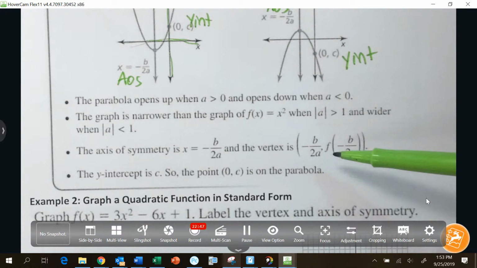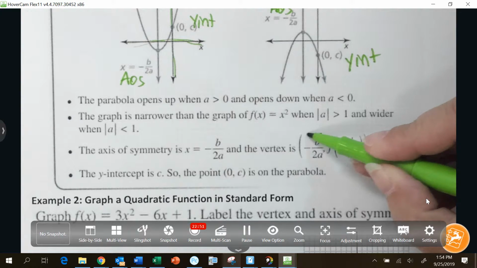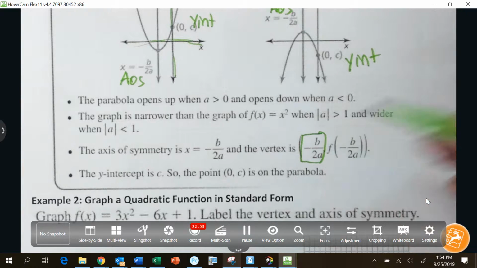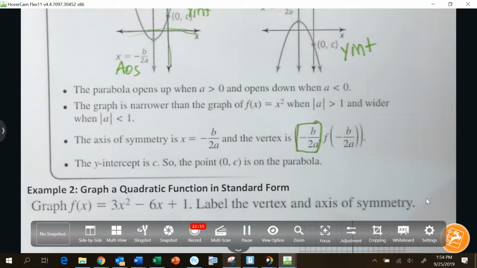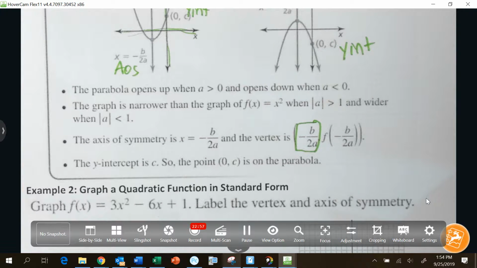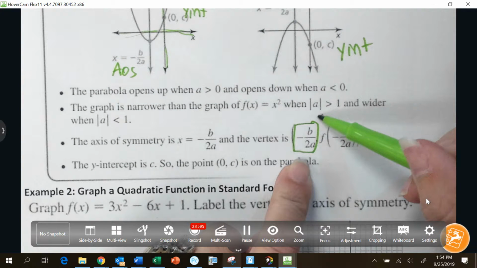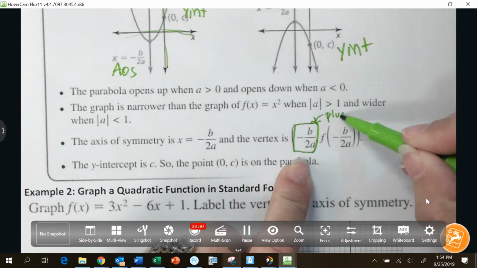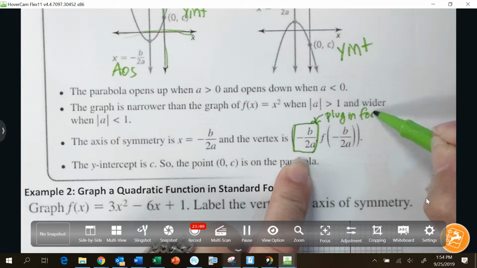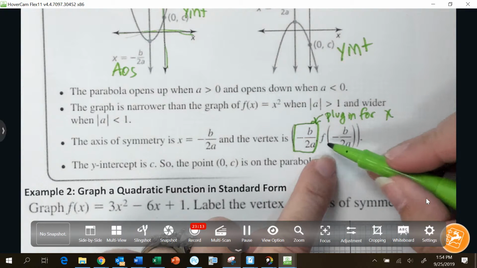To get the vertex, which we'll do in a moment, you put the axis of symmetry in the x part of the ordered pair. So 0c is the y-intercept? Yes, but I'm not on that one yet. I'm right here. So you plug in this for x, and when you plug that into the equation, you get f of x.